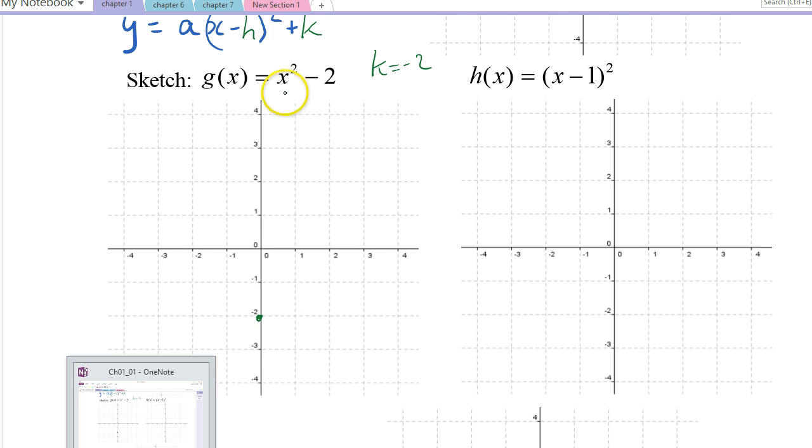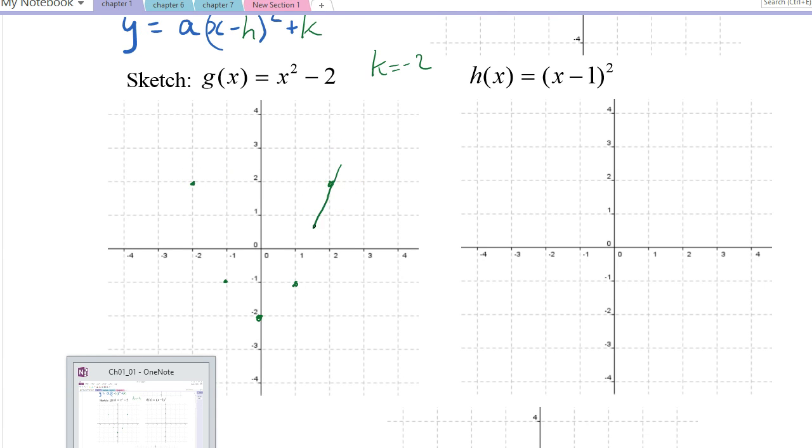If I plug in a 1 for x, 1 squared minus 2 is equal to -1. So you see you get that over 1, up 1, and then over 1 another, up 3. We're going to get this same pattern, and our sketch is going to look very similar.